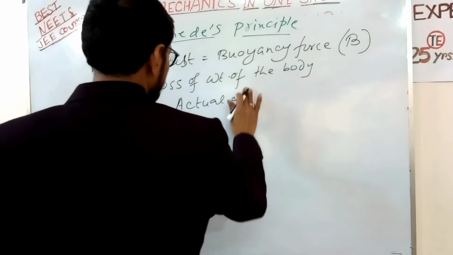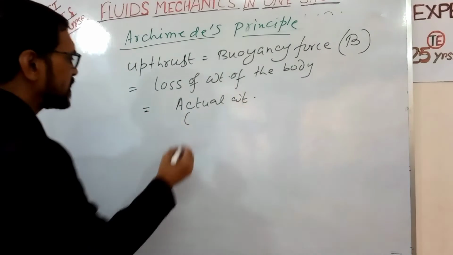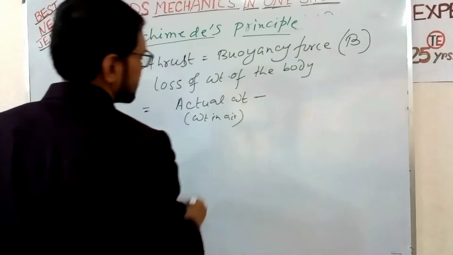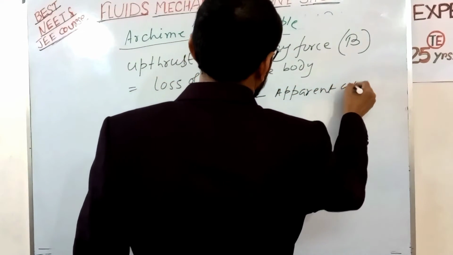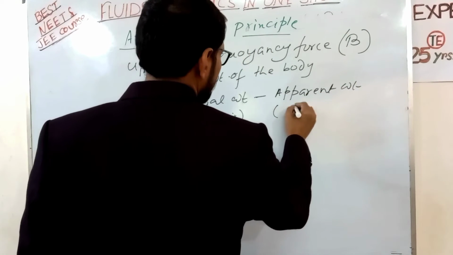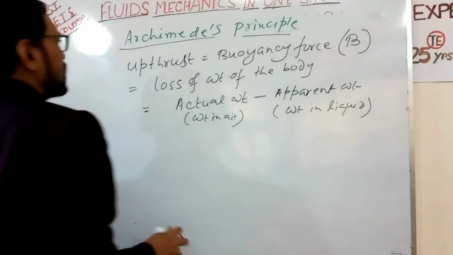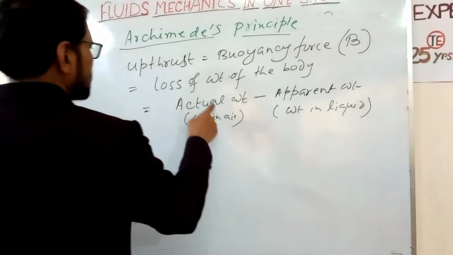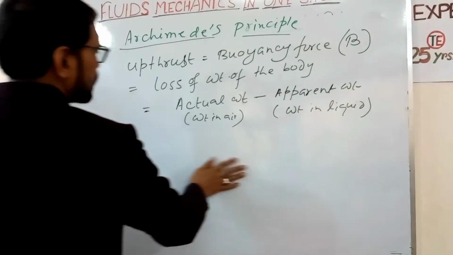Actual weight is weight in air. Apparent weight is weight in liquid. So upthrust equal to buoyancy force, which is loss of weight of the body, which is equal to actual weight minus apparent weight, that is weight in air minus weight in liquid of the body.